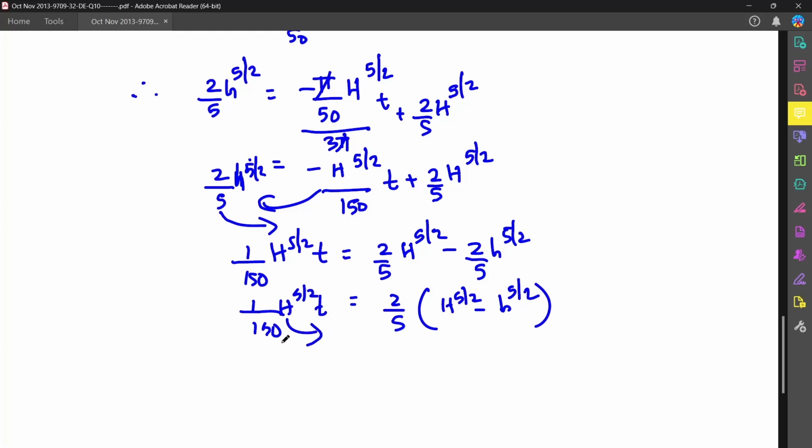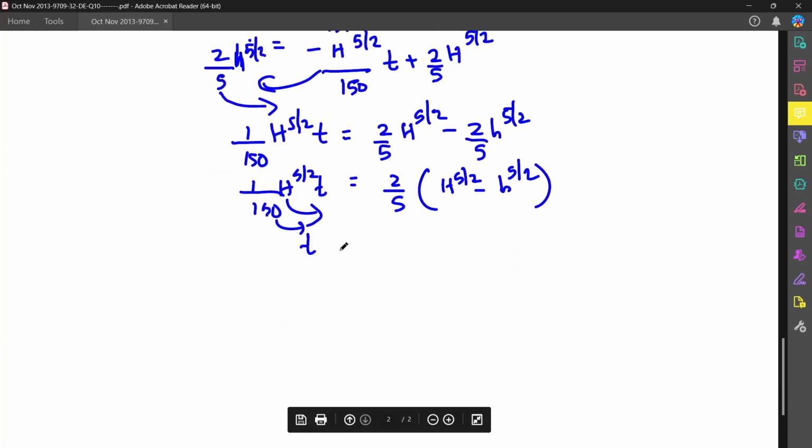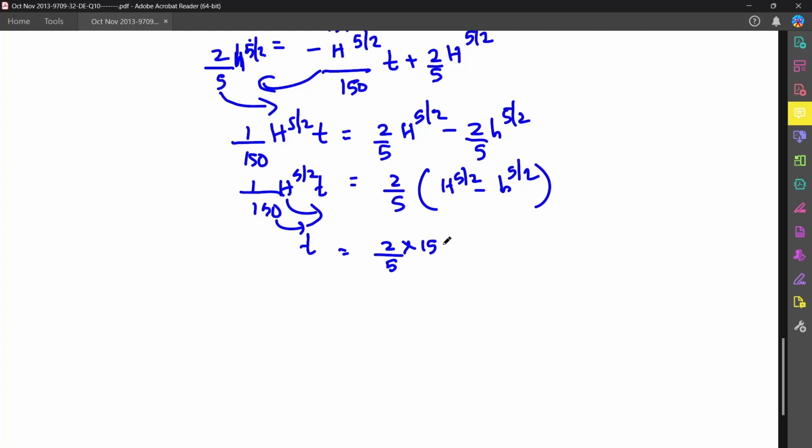So when you take these terms to the other side, you get t equal to 2 by 5 into 150 times capital H to the power 5 by 2 minus small h to the power 5 by 2 by capital H to the power 5 by 2. And 5 divides 150 30 times.